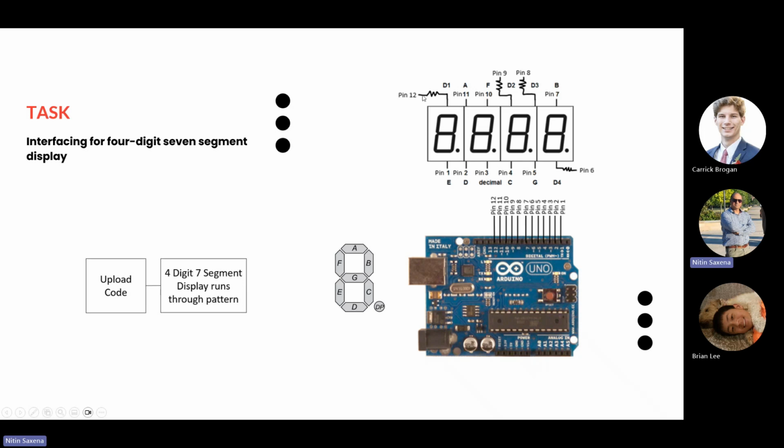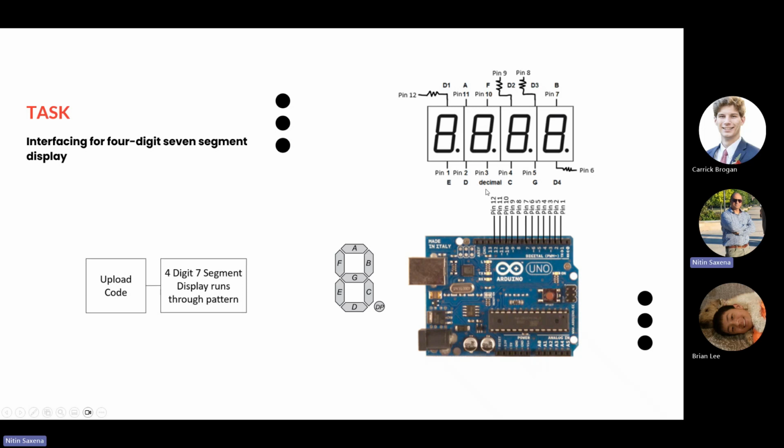For the connection with Arduino, D1 is connected with pin 12, so this will go to pin 12 of Arduino. A will go to pin 11, F will go to pin 10, D2 will go to pin 9, D3 will go to pin 8, B will go to pin 7, D4 will go to pin 6, G will go to pin 5, C will go to pin 4, D will go to pin 2, and E will go to pin 1.